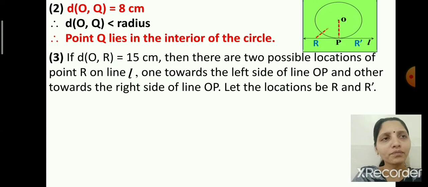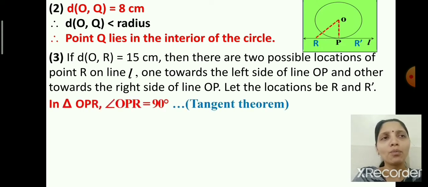Now let's consider triangle OPR. So in this triangle, what do you get? Angle OPR is equal to 90 degrees, because we know that the radius is perpendicular to the tangent. That means by the tangent theorem we can write here angle OPR is equal to 90 degrees.